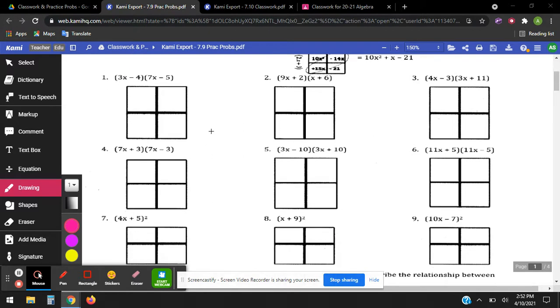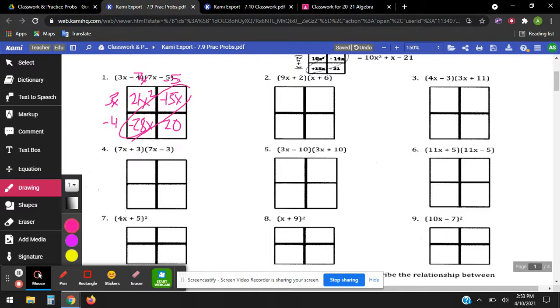So let's try this idea in here. We have 3x minus 4 over 7x minus 5. So 7 times 3 is 21, x times x is x squared. Negative 5 times 3x is negative 15x. 7 times negative 4 is negative 28x. And then negative 4 times negative 5 is positive 20.